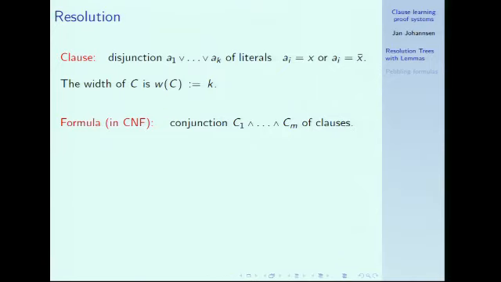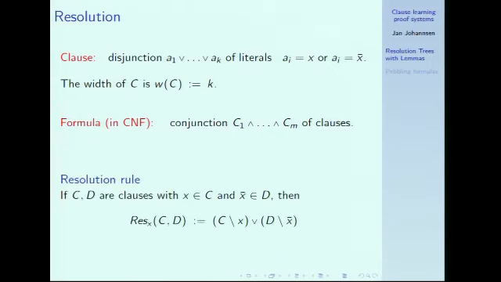The resolution proof system is a refutation system for certifying unsatisfiability of formulas in conjunctive normal form. Its main ingredient is the resolution rule. If you have two clauses, where one contains x positively and the other contains x negatively, then the resolvent of these two clauses with respect to x is the union of C without the x and D without the not x.